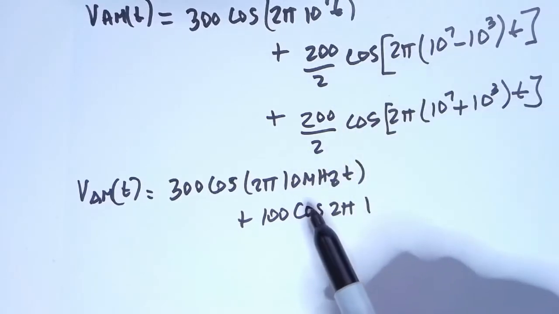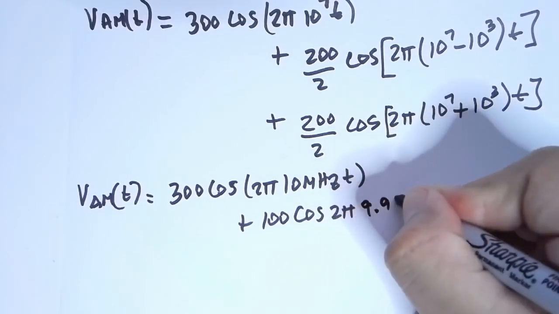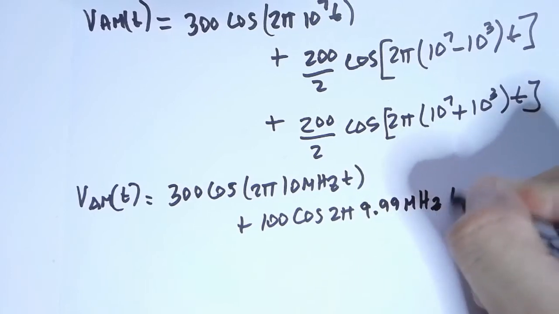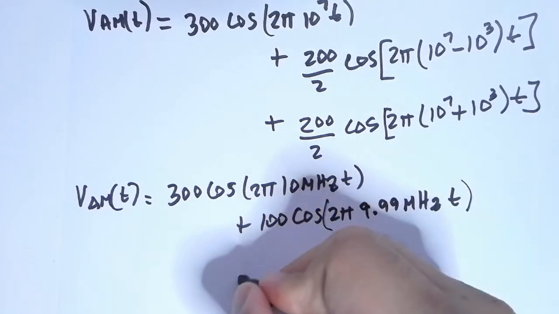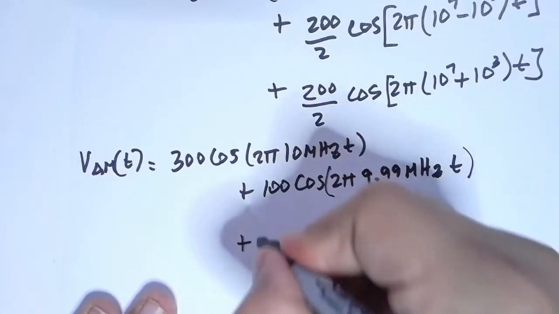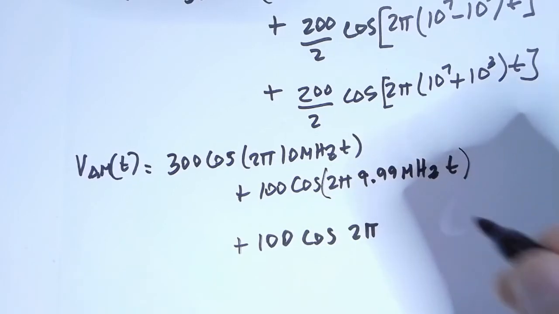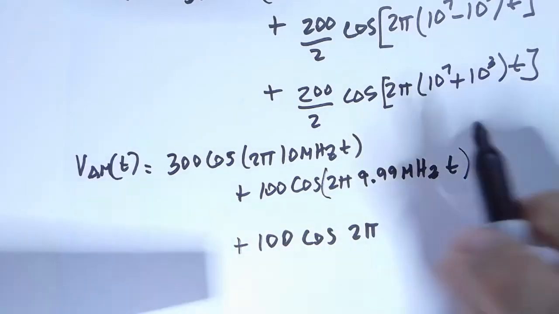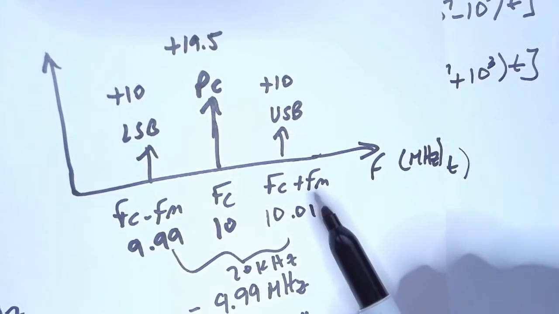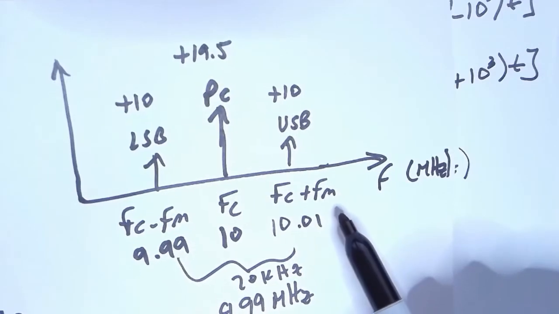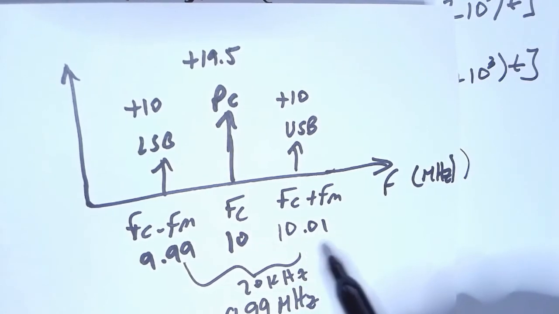So we have 100 cosine of 2 pi of 9.99 megahertz t plus 100 cosine of 2 pi times the frequency for the upper sideband, which is 10 megahertz plus 10 kilohertz, and then again the carrier frequency plus the modulating frequency is 10.01 megahertz.